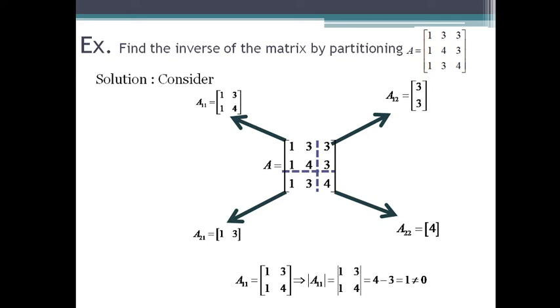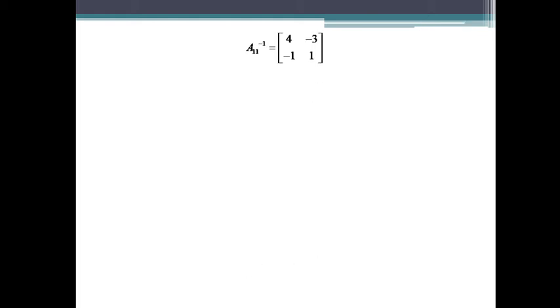If this value equals 0, then we have to change the columns and find the result, and lastly again interchange the columns and find the required result. Now A11 inverse equals, for a 2 by 2 matrix, we interchange the diagonal elements and change the sign of the remaining two elements.